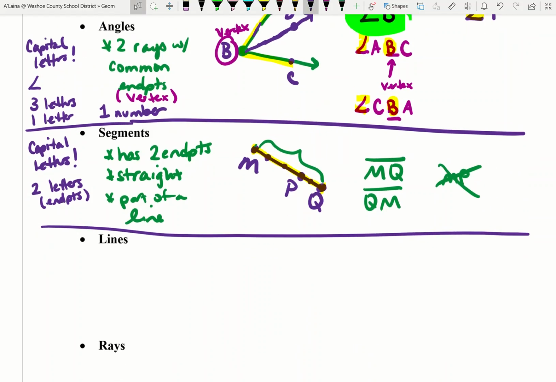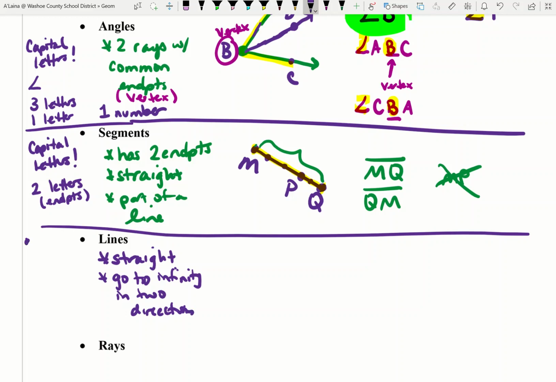Lines are also going to be straight, but they will not have endpoints. Lines are going to go into infinity in two different directions. And when we name a line, there are a couple of different ways.